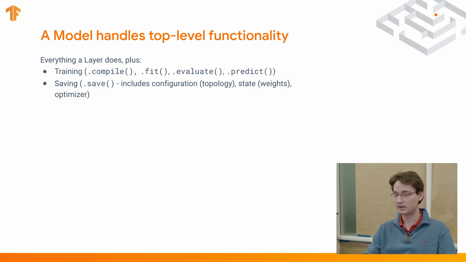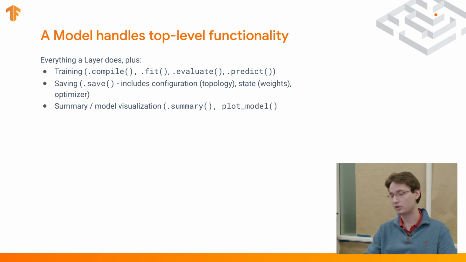It also includes the optimizer that the model was compiled with, and the state of the optimizer. It also supports some basic forms of model summarization and visualization. I can call model summary, which is going to return a description of all the layers inside the model and the number of parameters that the model uses and so on.